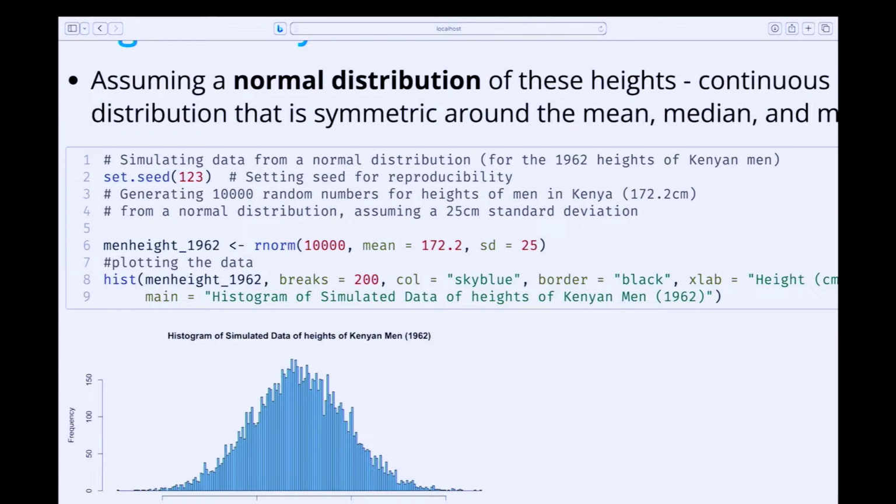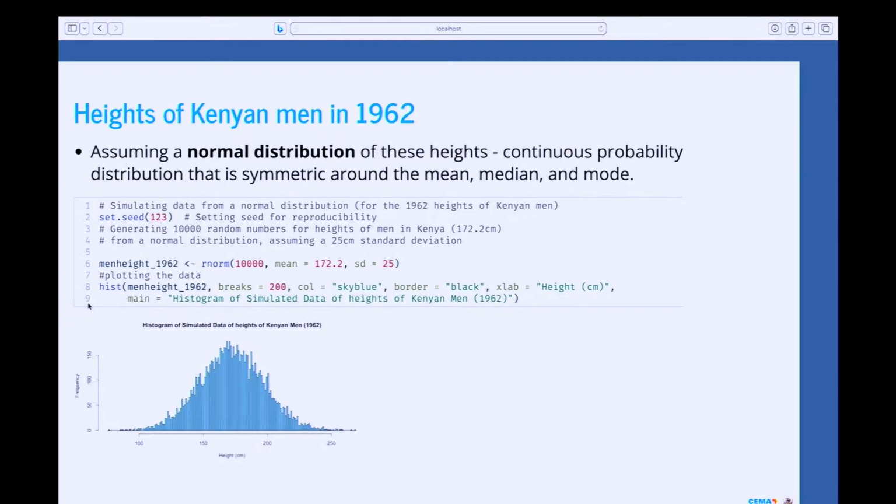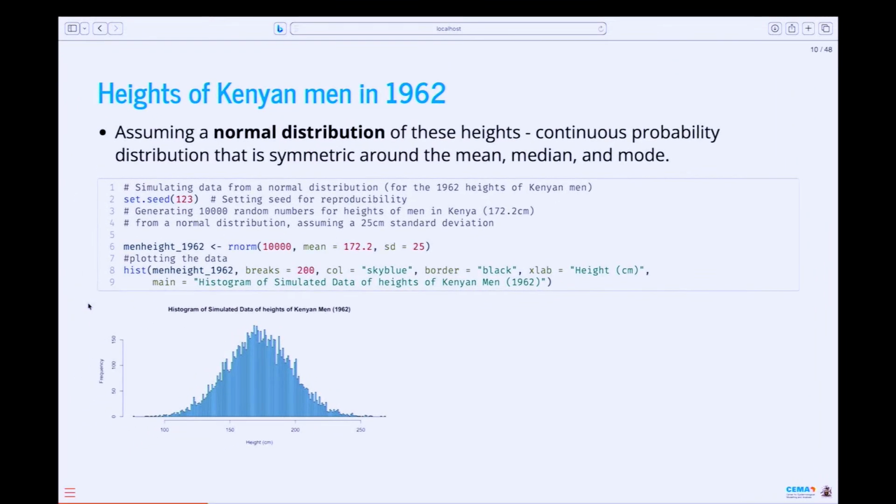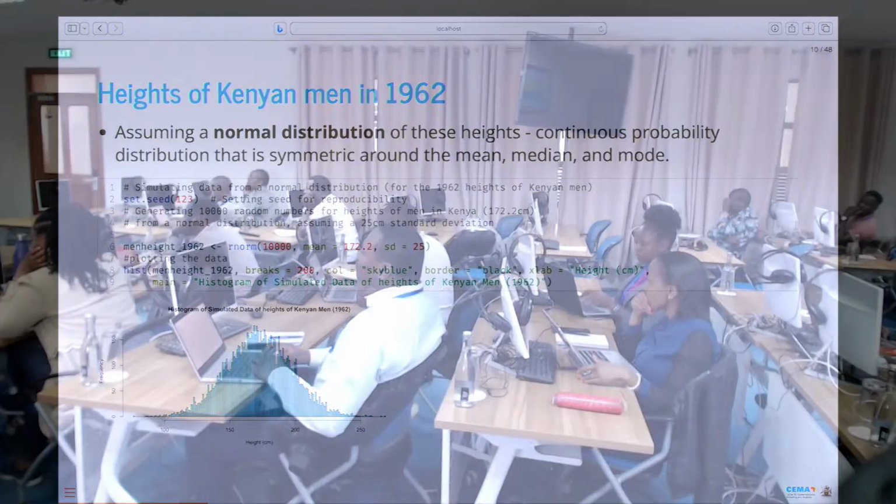So here we are assuming a normal distribution of the heights, and the heights are a continuous probability distribution that is symmetric, like Cosmas mentioned, around the mean, median, and the mode. We want to simulate some data from a normal distribution for the 1962 heights of Kenyan men.